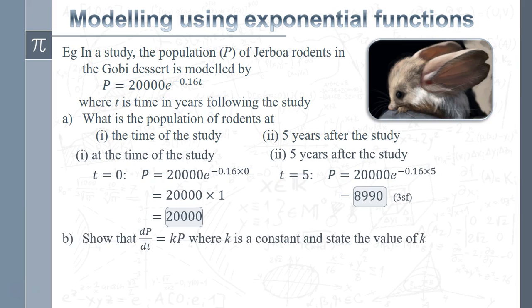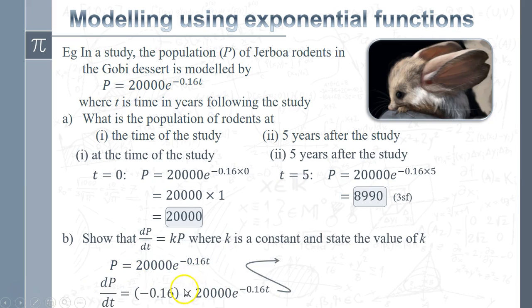This is the next bit that looks a little more confusing. It says show that the rate of change of the population is proportional to the population size given this model. That's the bit I was talking about on the previous slide. It says find the value of k and state it. So here we go. If we've got that model, what we're going to do is some differentiating, so we need dP/dt.